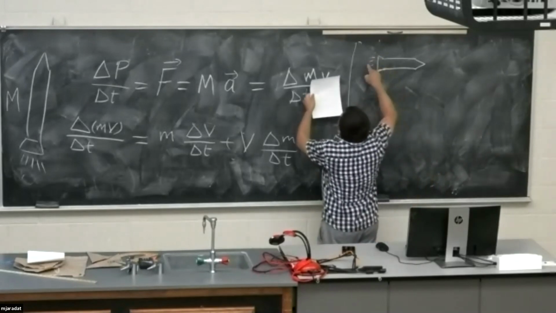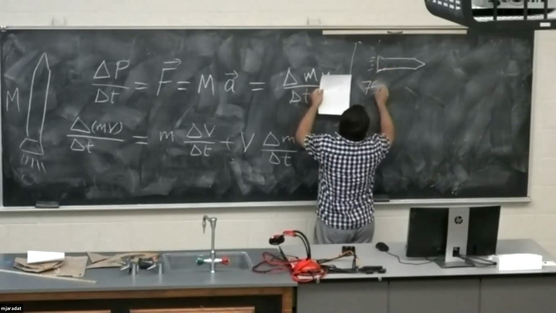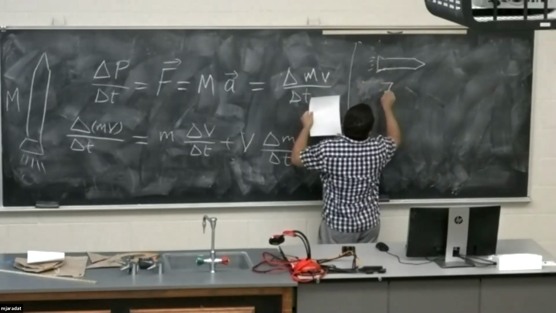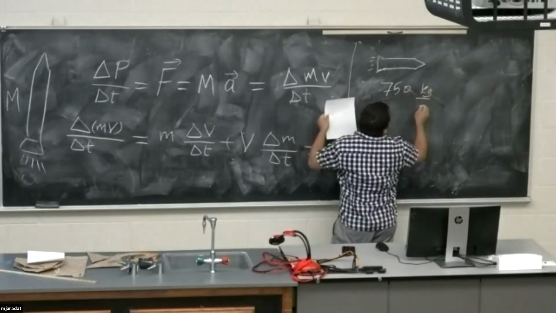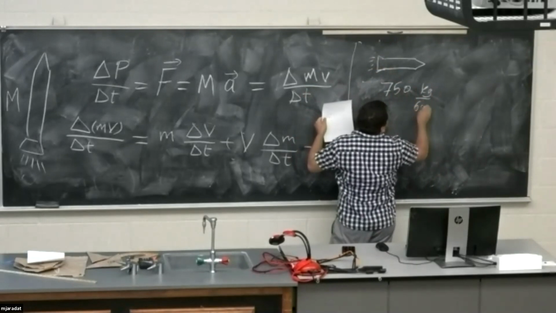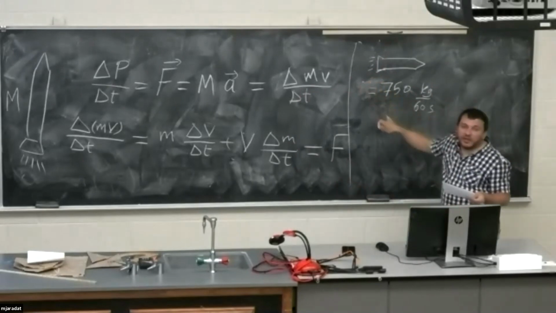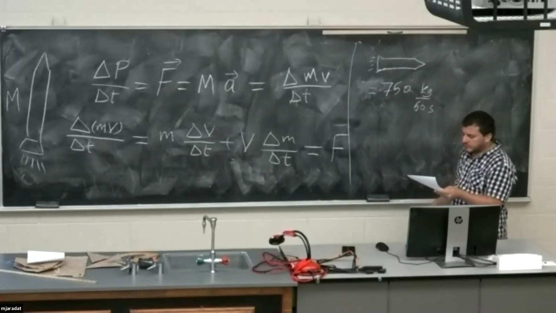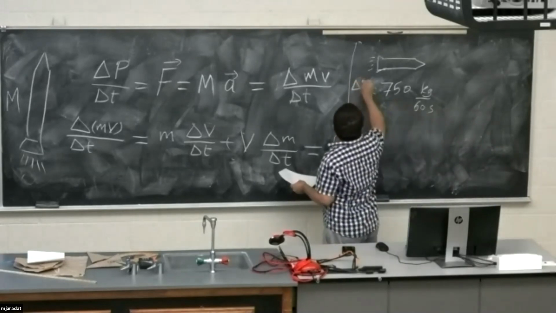This rocket ejects 750 kilograms every minute, or every 60 seconds. Okay? This is the change in mass. This is delta M over delta T.